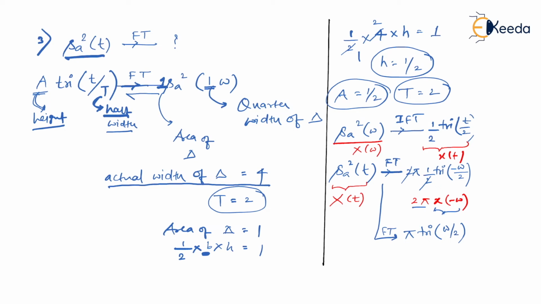I have replaced minus omega by 2 with omega by 2 because a triangular function is always an even signal, and whenever a signal is even, x of minus t is x of t. Similarly, x of minus omega is x of omega itself. Therefore, pi triangular of omega by 2 is the final answer. So the Fourier transform for this is pi triangular function of omega by 2.